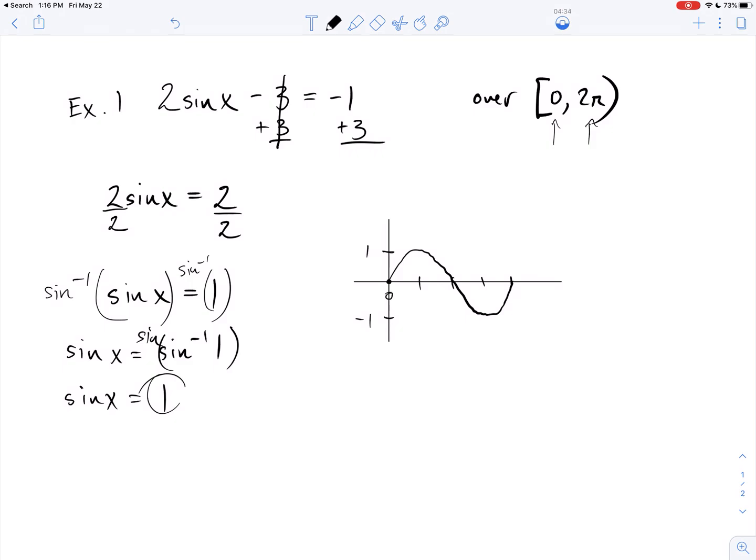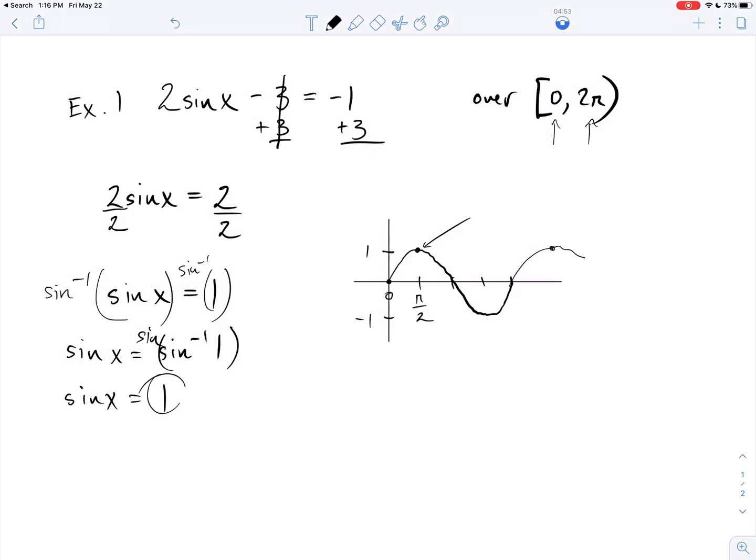Well, it appears to me that the sine will equal 1 at this location. It totally would. And guess what? If this graph continued on, I'd have another answer right here.